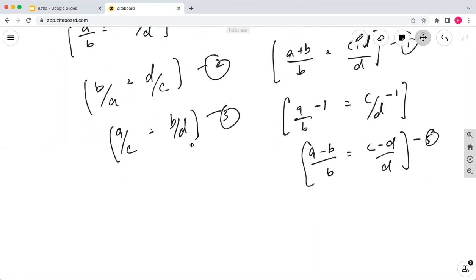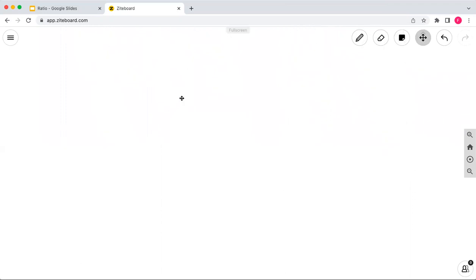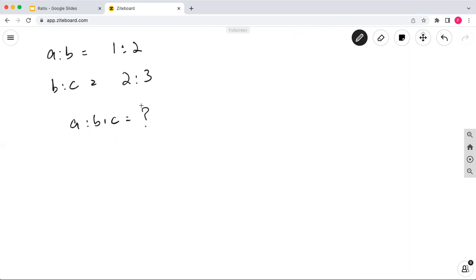Okay, so the next thing is about combining ratios. For example, if I have A ratio B is equal to 1:2 and B ratio C is equal to 2:3. If I ask what is A ratio B ratio C, can you quickly tell that? Yeah, this is a very simple case.